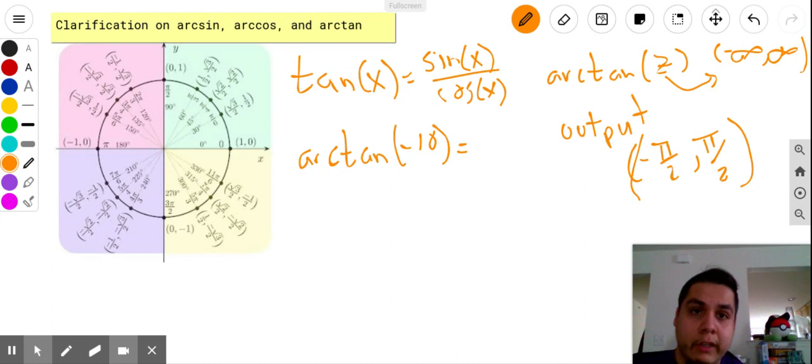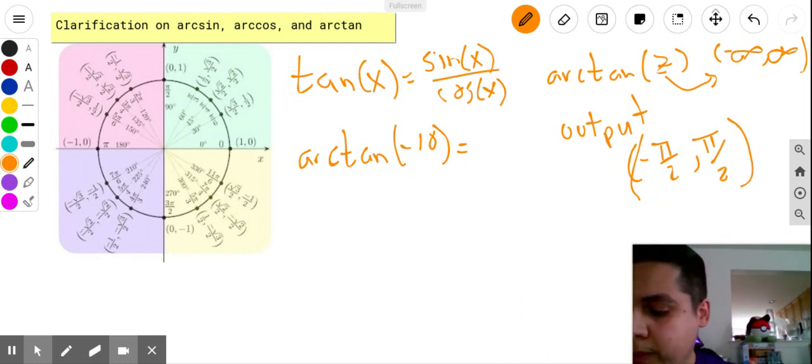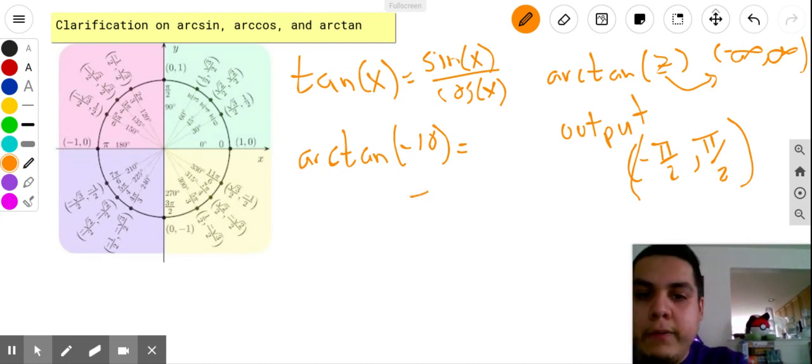I would say leave your calculator in radian mode, even though Khan Academy kind of made you switch between the two. And here's what you do. You do second tan of negative 10. And when you're in radian mode, your calculator should spit out negative 1.47.